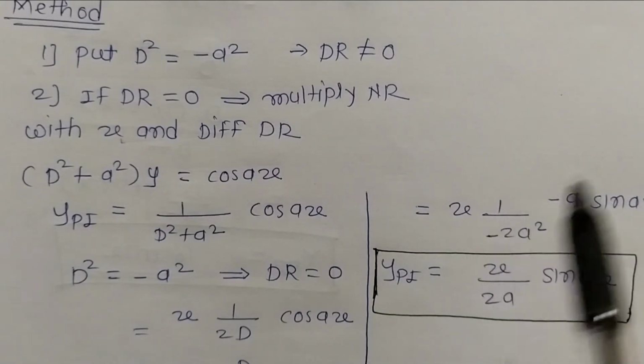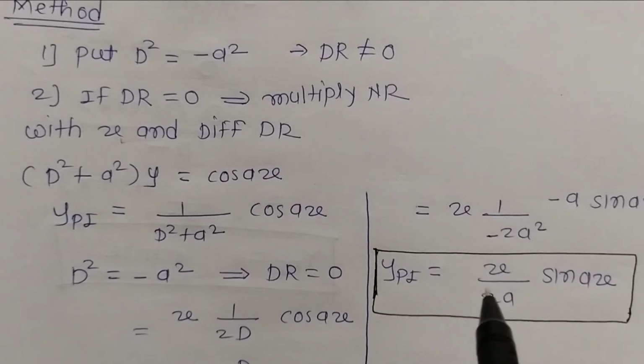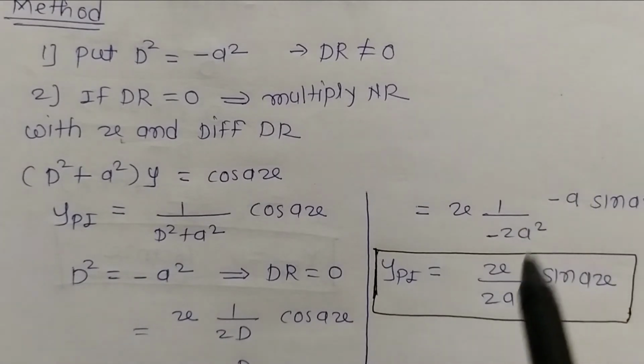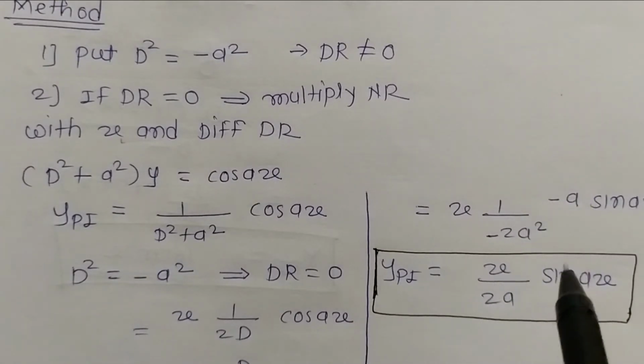Here minus minus gets cancelled, and one a gets cancelled, that is x upon 2a sin ax. This is the solution of this differential equation.